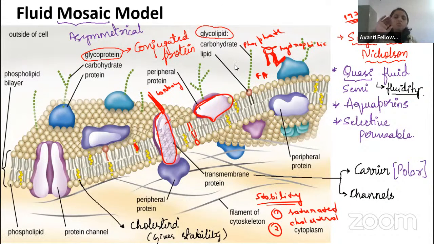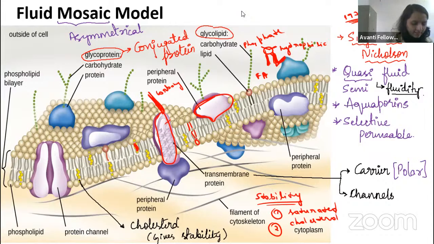See, now I want to pass hydrophobic molecules. Can this hydrophobic molecule easily pass through the plasma membrane, or should it go through the integral protein? Tell me in the chat box, guys. I need an answer from you in the chat box.